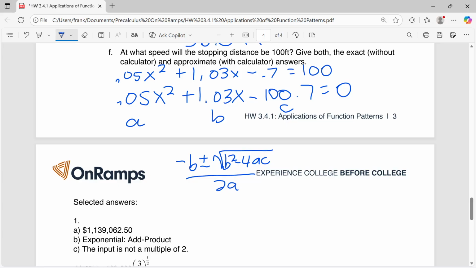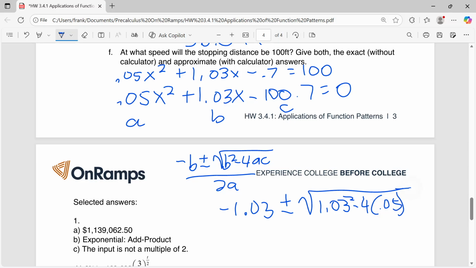So I will do 1.03, but it's got to be negative, plus or minus the square root of 1.03 squared minus 4 times 0.05 times negative 100.7, did not fit, but I squeezed it in there, and then divided by 0.1.